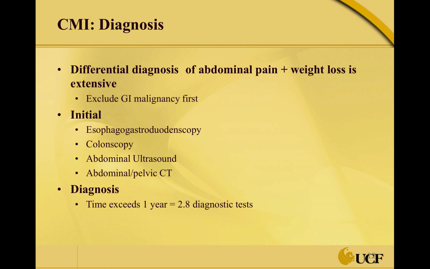So how do we come to diagnosis? Well, for this chronic mesenteric ischemia, the differential diagnosis of abdominal pain plus weight loss is extensive. So you have to exclude any GI malignancy first.